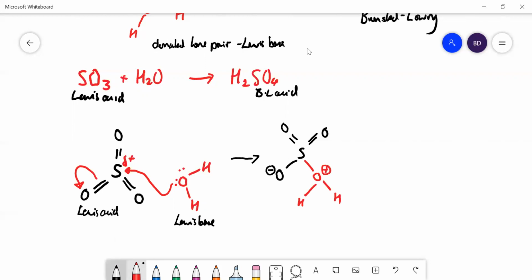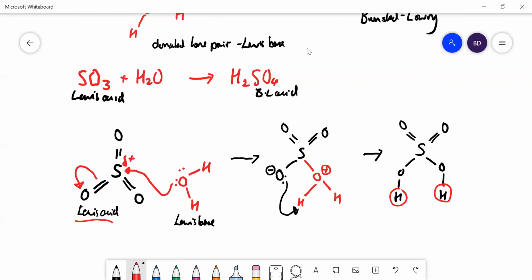Then obviously that proton will be picked up by that oxygen, and we're going to form sulfuric acid, which is of course a Bronsted-Lowry acid, because we've got those 2 protons. They're both acidic, and they can be lost to form the sulfate ion, SO4 2-. So once again, we start off with a Lewis acid, react it with water, and we end up getting a Bronsted-Lowry acid.